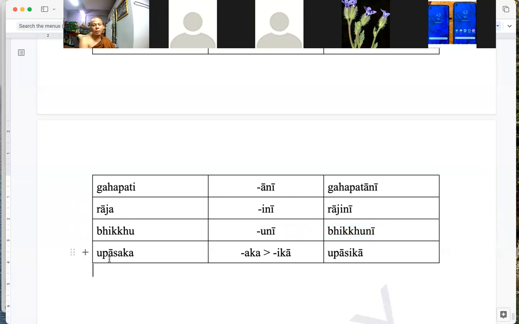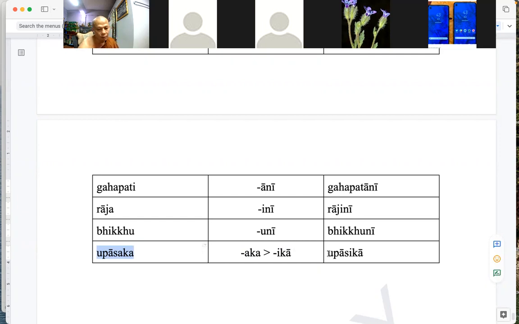And then the last one is not adding any suffix, but changing a form. Those ending in aka, that aka is replaced by ika. So for example, ubasaka means male disciple, lay male disciple.